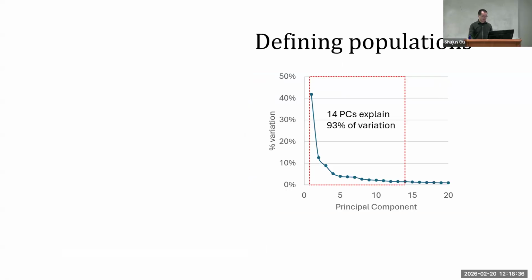If you find a turning point, it gives you the optimum PCs, right? But there's no turning point here, or the turning point is too small. That suggests the rice population history is very complicated, and there's no optimum population. So I select 14 because it includes more than 93% of the variation in my data.